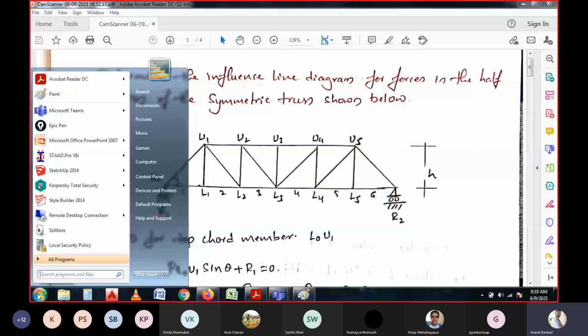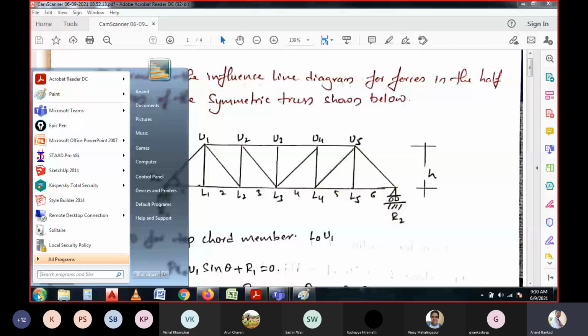So I will start with the top chord members. What are the top chord members over here? This is a top chord member, right? And this is a top chord member. And in green I will write top chord members.